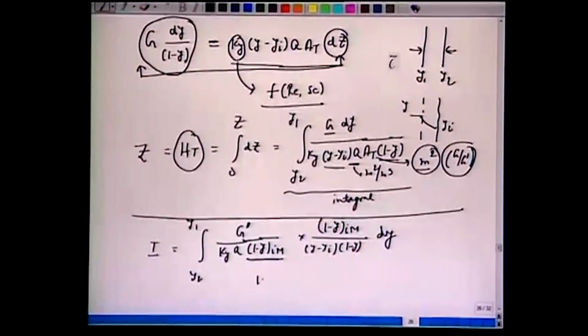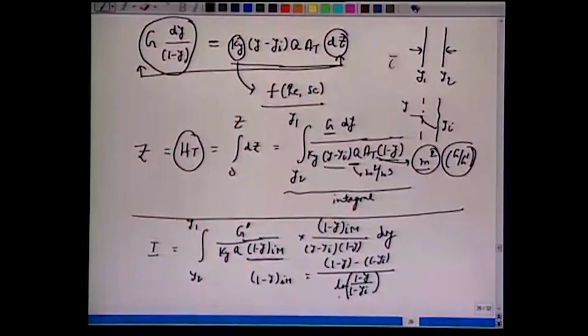Okay. (1 minus y)_I m is a logarithmic average of 1 minus y and 1 minus y_I, ln of (1 minus y) over (1 minus y_I).